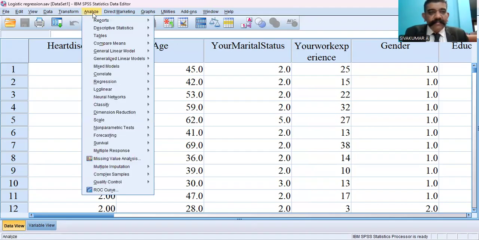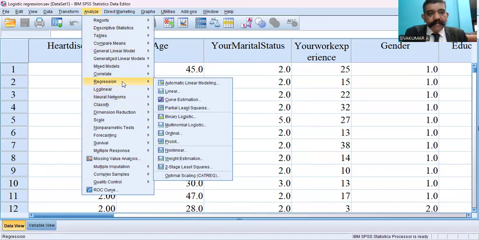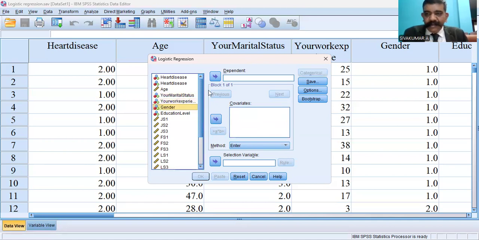Click Analyze, then Regression, Binary Logistic. Wait. Okay, please enter the dependent variable, heart disease.